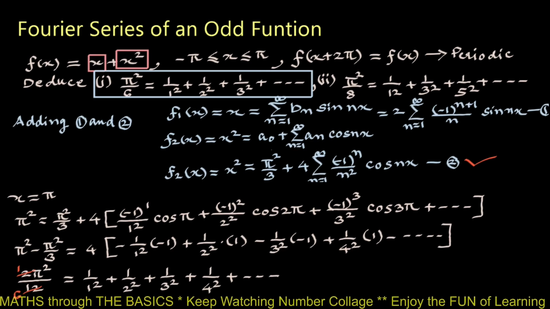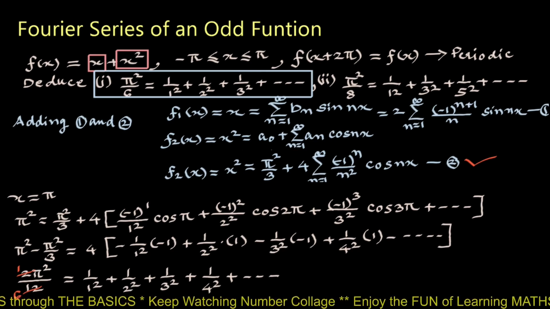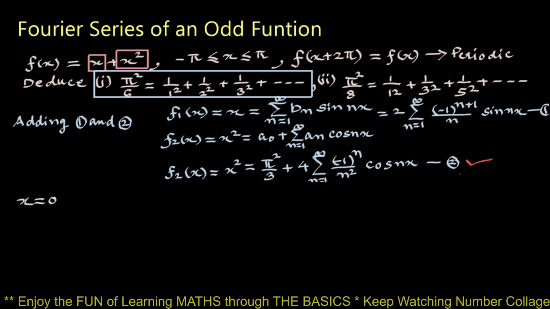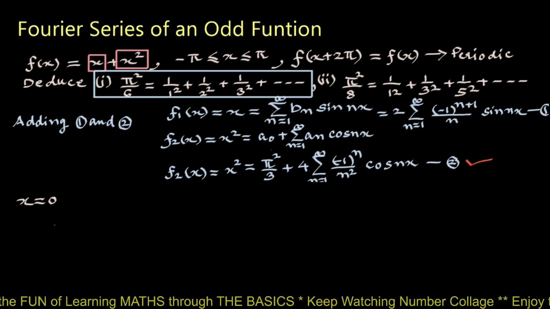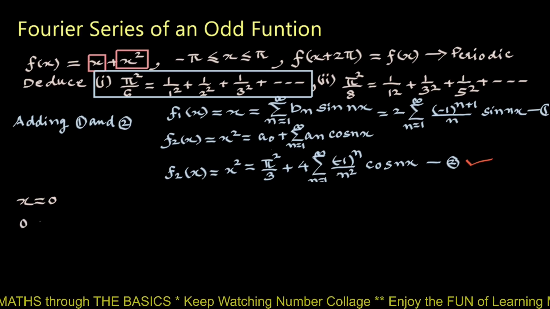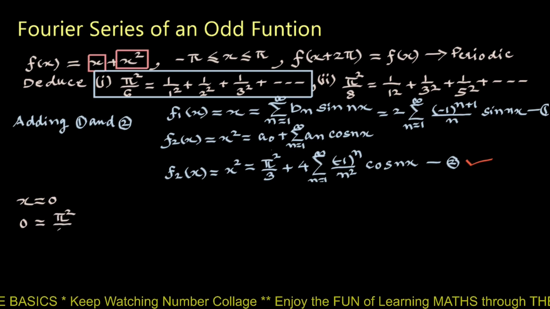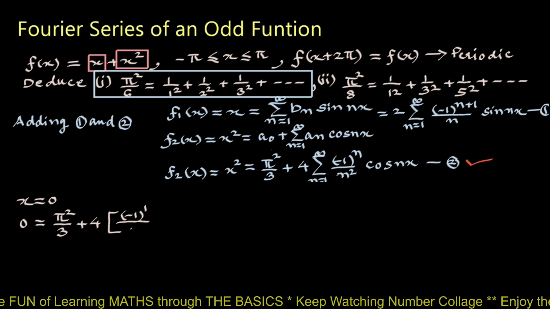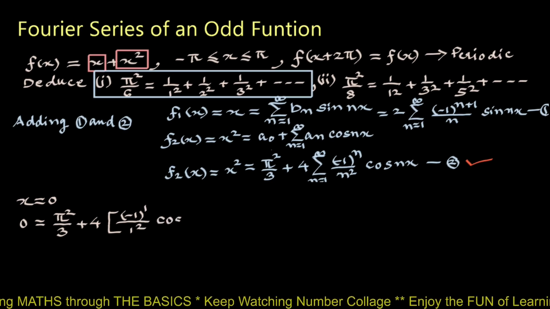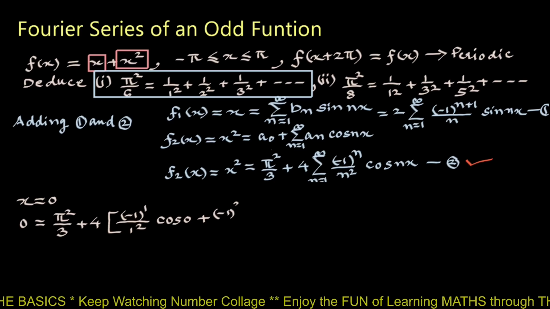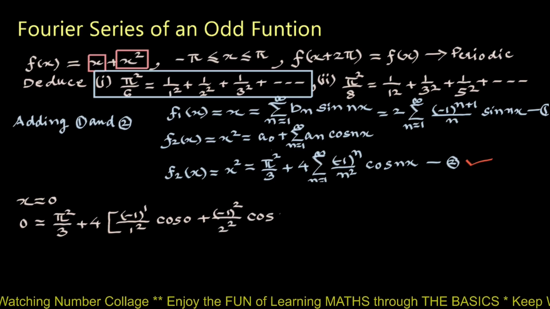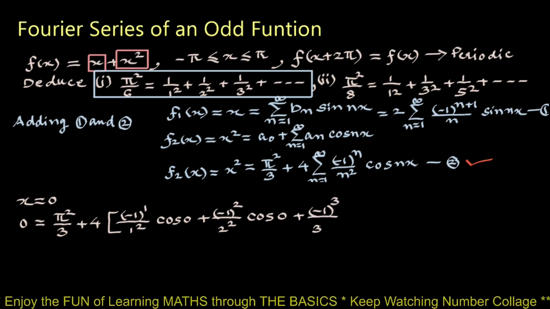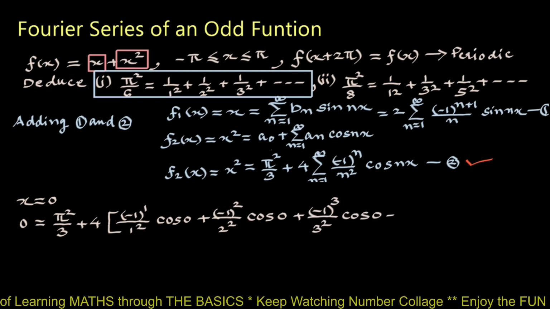Next we go for the second deduction by substituting x equals 0 in this expression 2. So that will become 0 square, that is 0, equals pi square upon 3 plus 4 times minus 1 to the power 1 upon 1 square cos 0 plus minus 1 square upon 2 square cos 0 plus minus 1 cube upon 3 square cos 0 plus so and so forth.